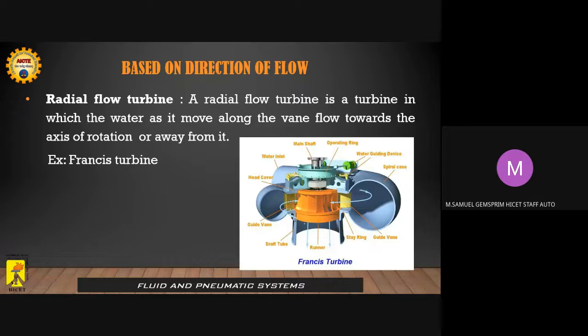In the middle of the casing we have the runner. Because of that, water is entering the runner in the radial direction, thereby it rotates. So that is why this is known as a radial flow turbine, and the only type of turbine coming under this category is the Francis turbine.